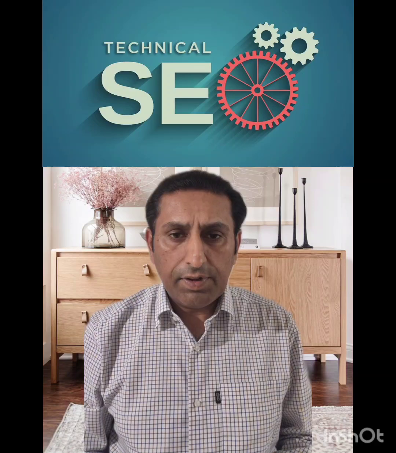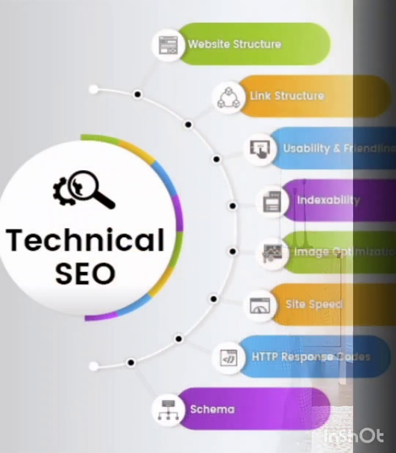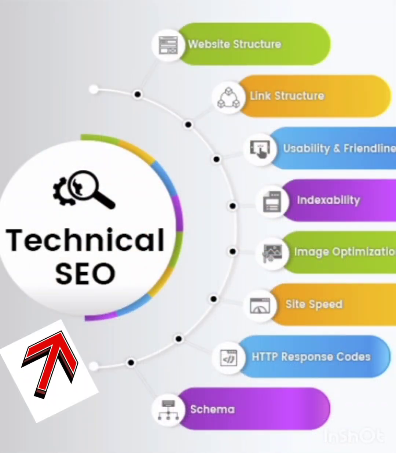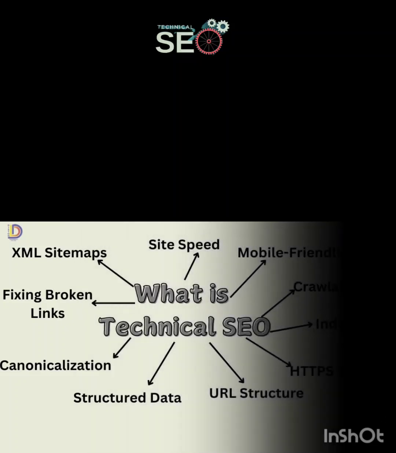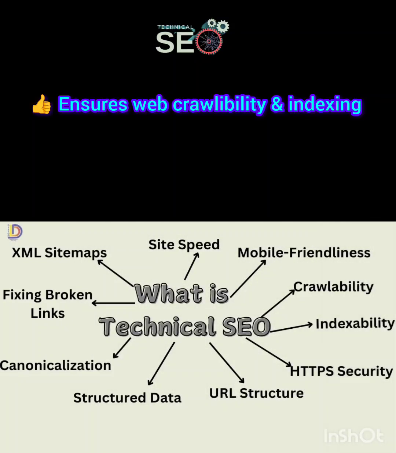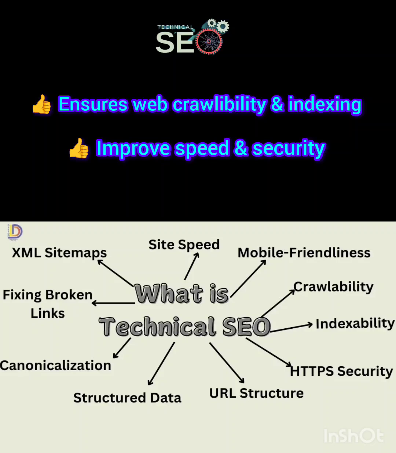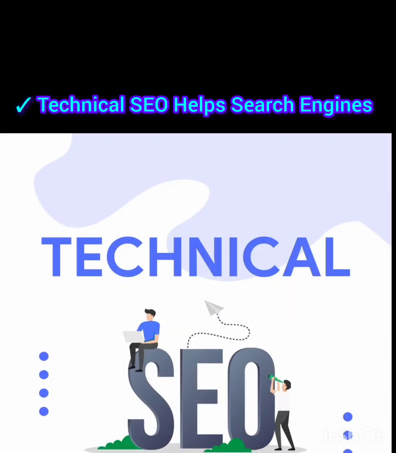Without effective technical SEO, even great content cannot be ranked on search engine result pages. Technical SEO ensures your website is crawlable, indexable, fast, secure, and structured, so search engines can understand it very well.